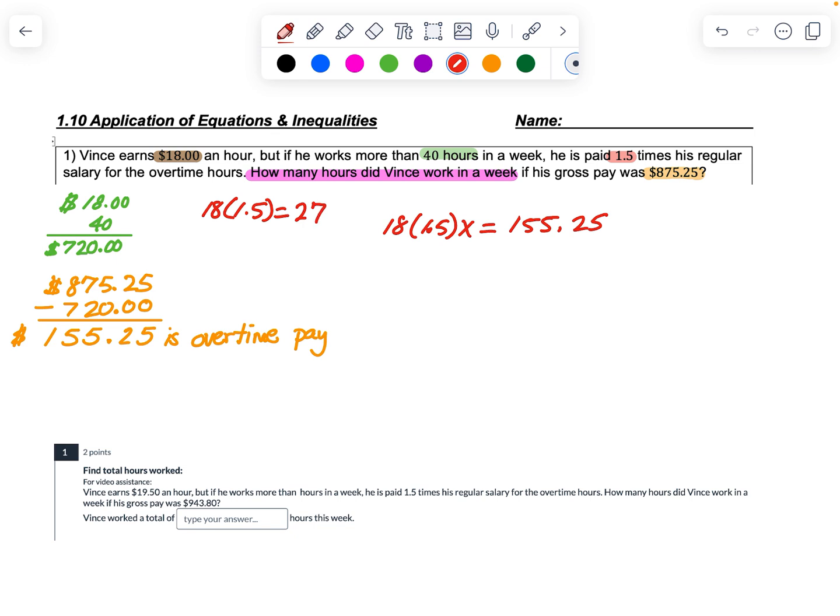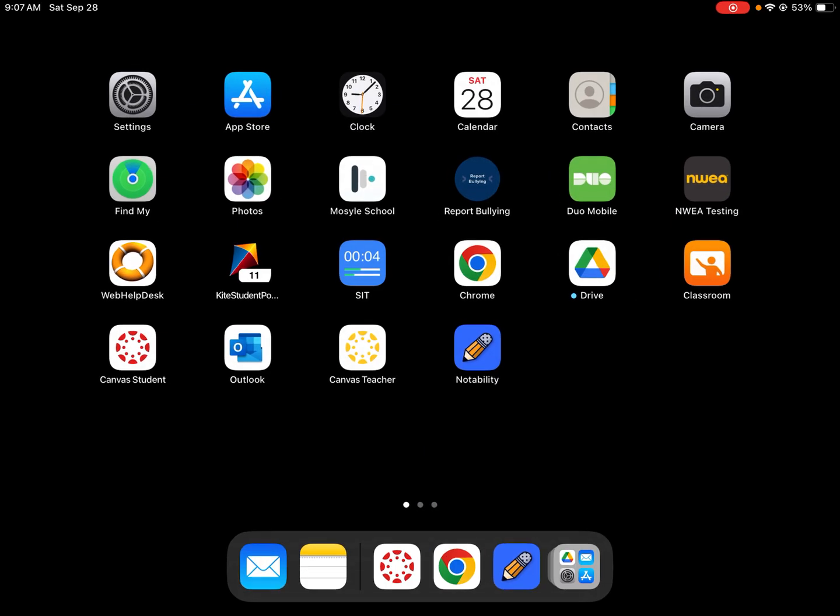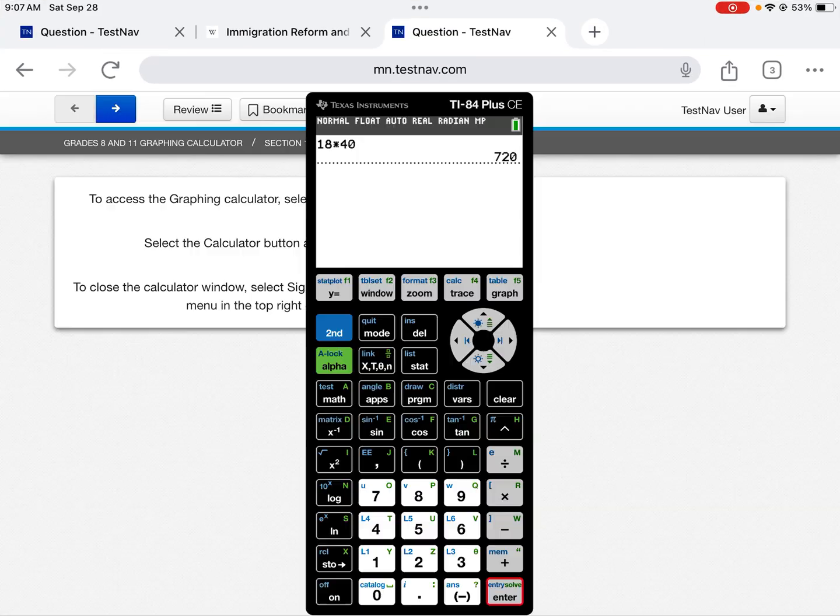So maybe that would be easier. Maybe we should just make this 27x. So then x is going to equal 155.25 divided by 27.